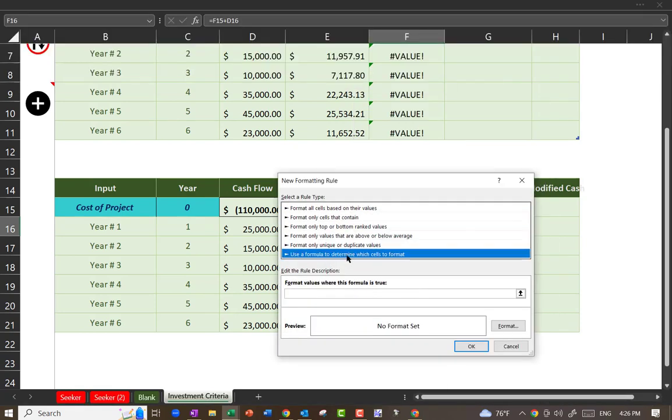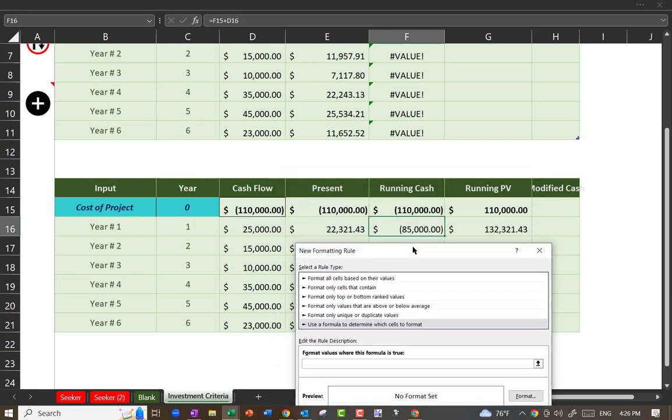Equals AND, which means you're going to write multiple statements. It's going to return true if all of them are true. There's also a function called OR if one of them is true. In this case, we're going to use AND.